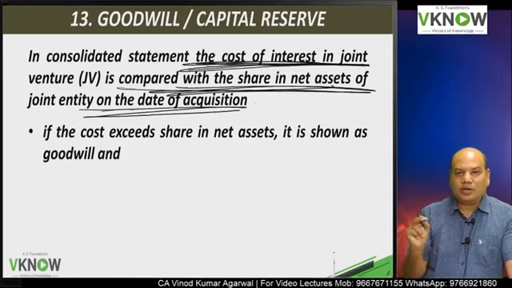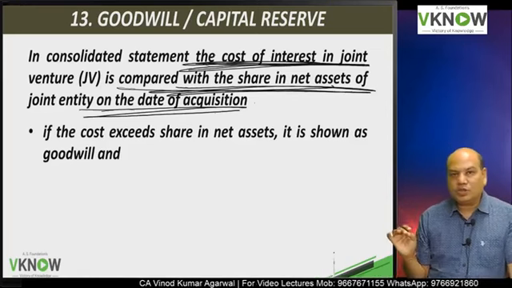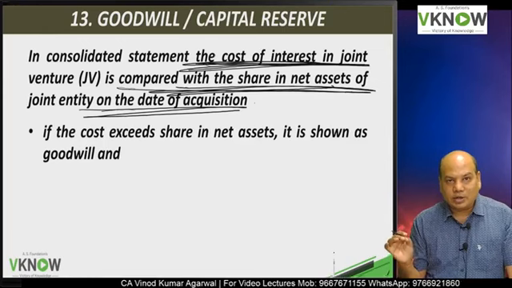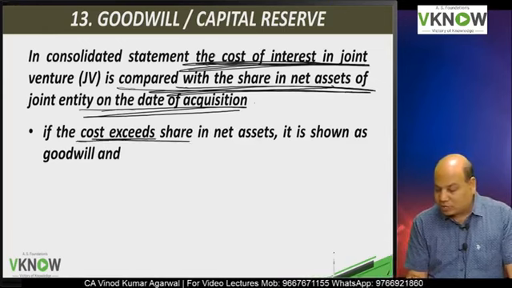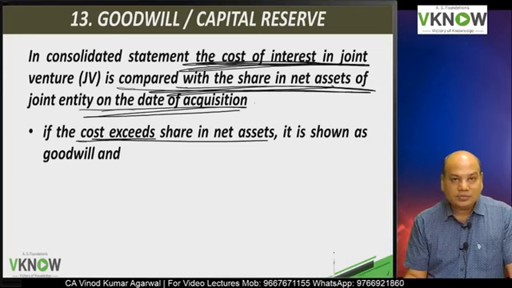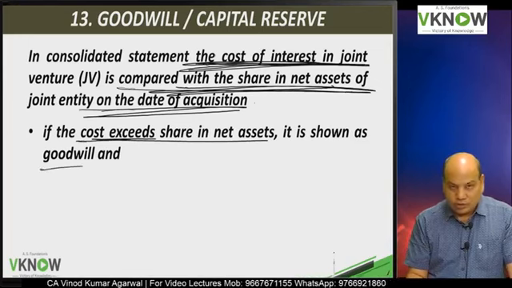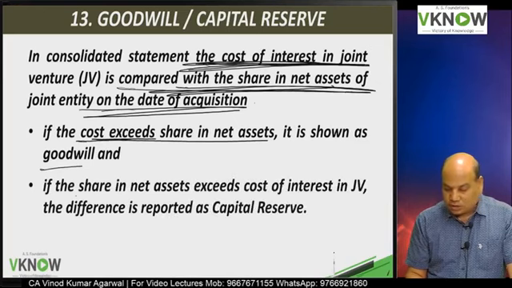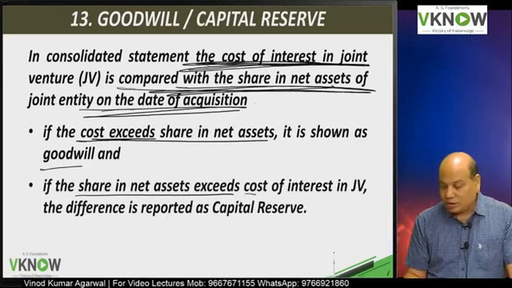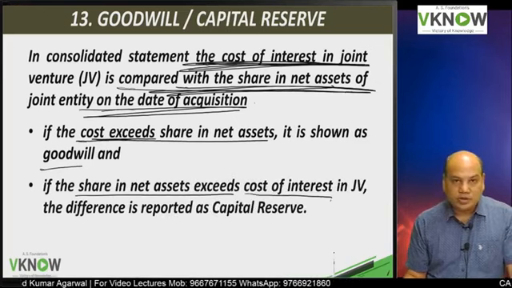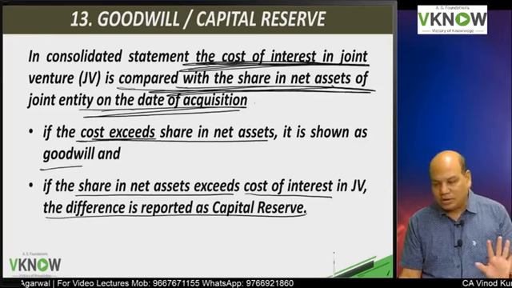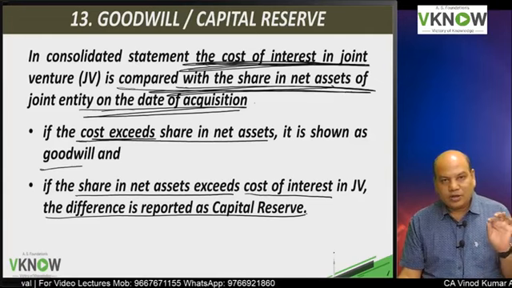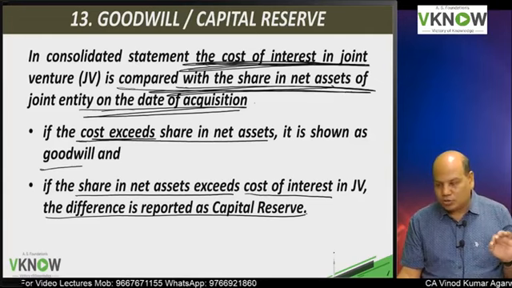Now there are two possibilities. Cost of acquisition may exceed net asset, you will call it goodwill, and second possibility, share in net asset exceeds the cost of interest in the joint venture, it is called capital reserve. Nothing different from other standards also.